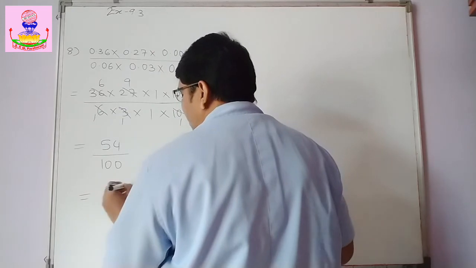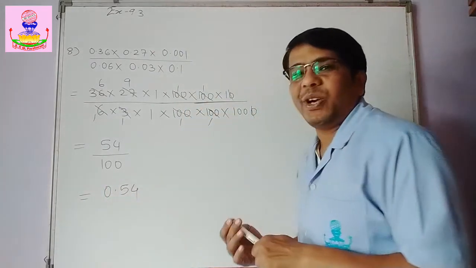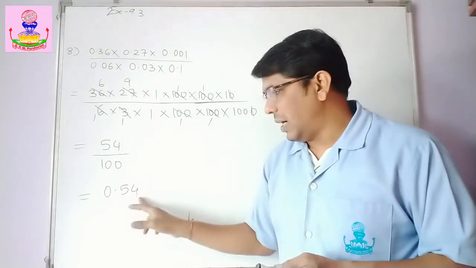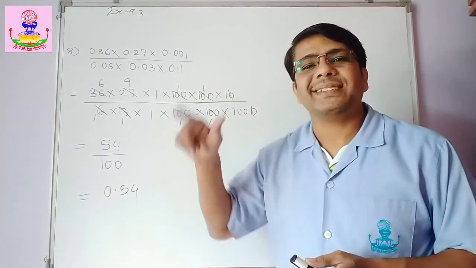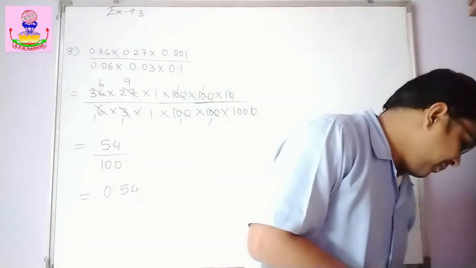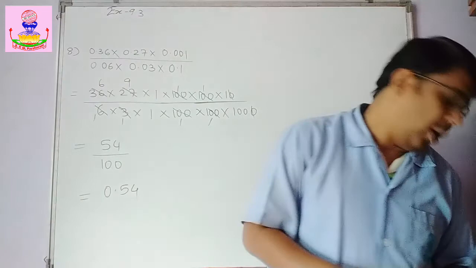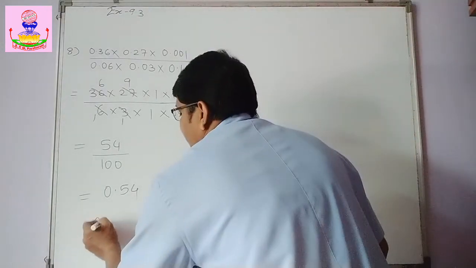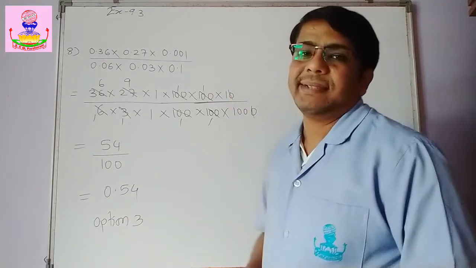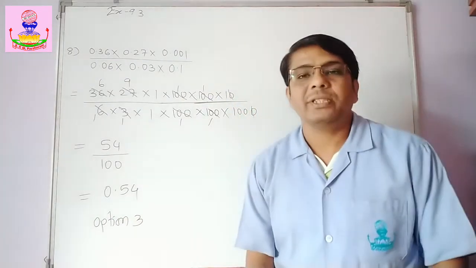So 54 upon 100 means 0.54. The decimal point should be given after 2 digits, 1 2, that too from the right hand side towards the left hand side. So let's see the option. So 0.54, that is option number 3. So that is the correct answer.